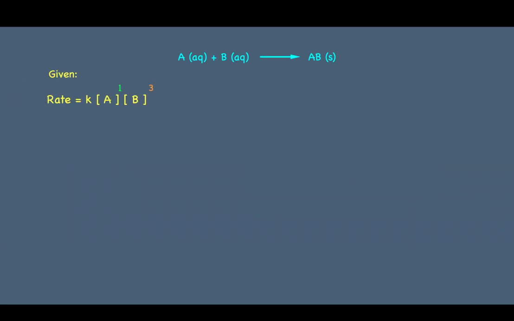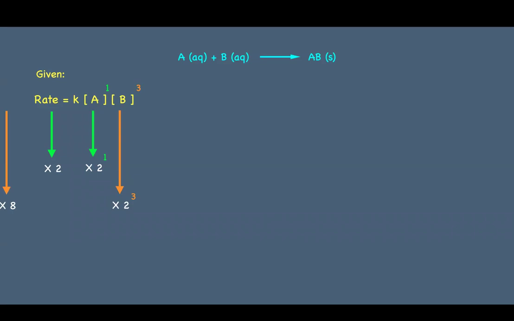Now let's take a look at another example. Let's say the rate law is given to us to be, this time, k times [A] to the power of 1, [B] to the power of 3. Same idea. Now I'm going to double A and see how that affects my rate. Because A is to the power of 1, 2 goes to the power of 1, so the rate will also be doubled. By doubling B, because B is to the power of 3, the 2 has to go to the power of 3.